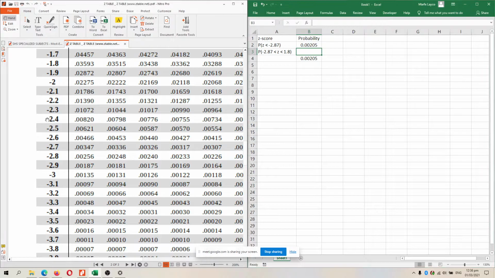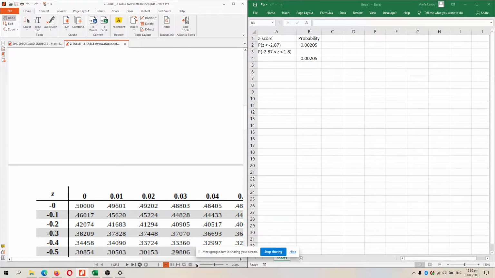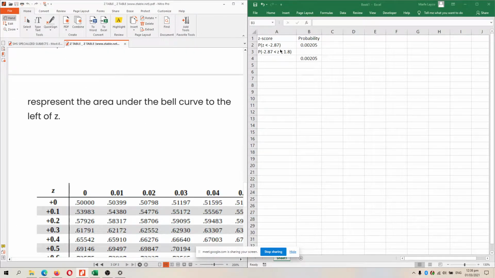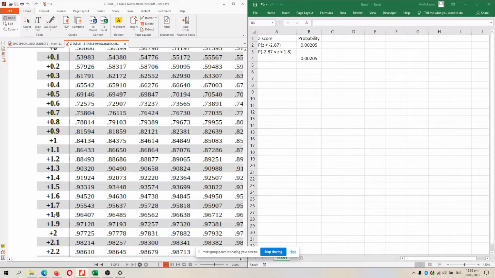Okay. Ngayon, since positive ang 1.8, tapos negative ang 2.87, kukunin natin yung higher z-score, 1.8. Since it is a positive, pupunta tayo dun sa, kung ito yung negative table natin, pupunta tayo dun sa positive sa z-score natin. Yan. So, positive z-score natin is 1.8. So, saan dito yung 1.8? Dito siya, 1.8, positive. Tapos, wala siyang second decimal value.